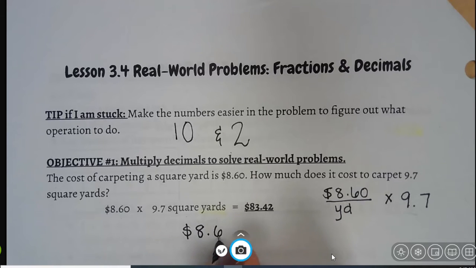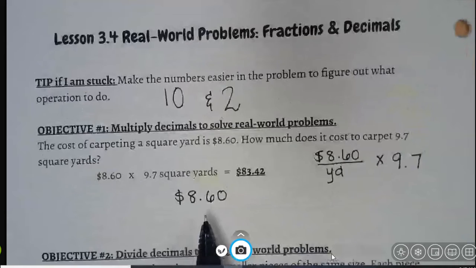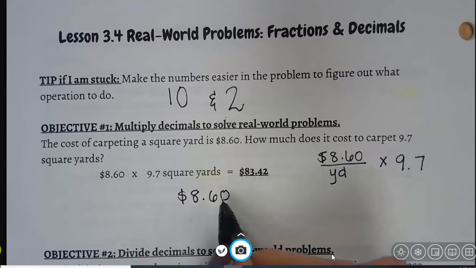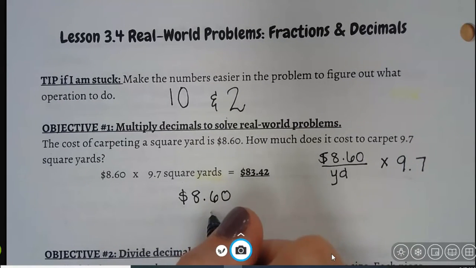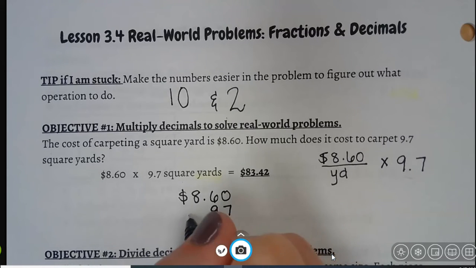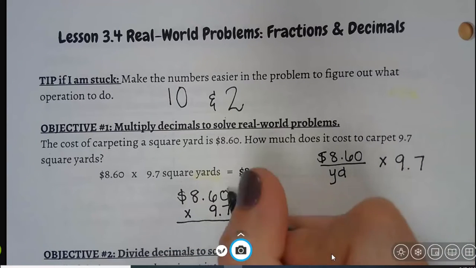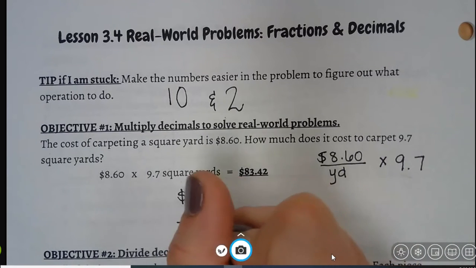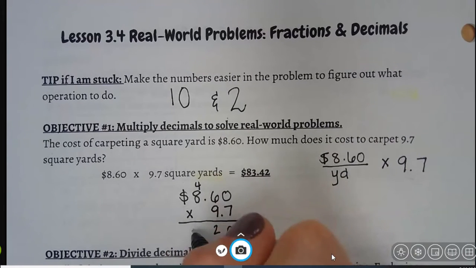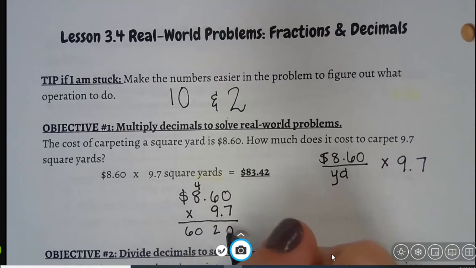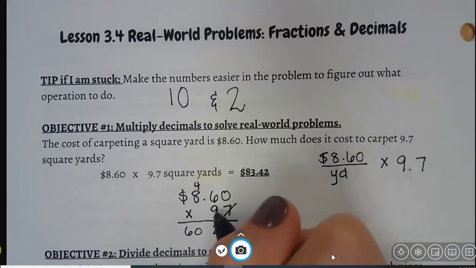So we treat the dollars just as we would a decimal without the dollar sign. And remember, when you multiply decimals, you do not line up the place value like you would with addition or subtraction. And so I would just go through and multiply. Then you move over to the 9.